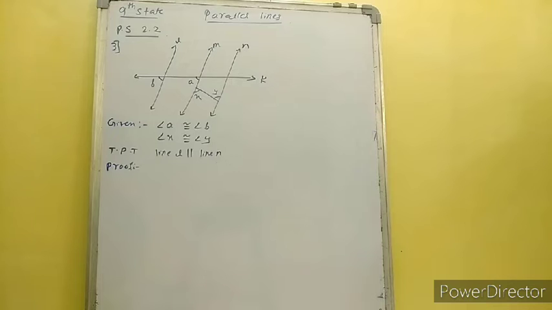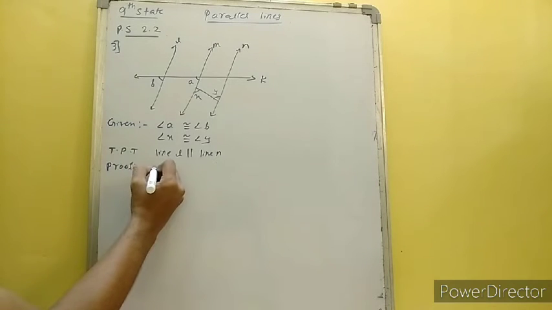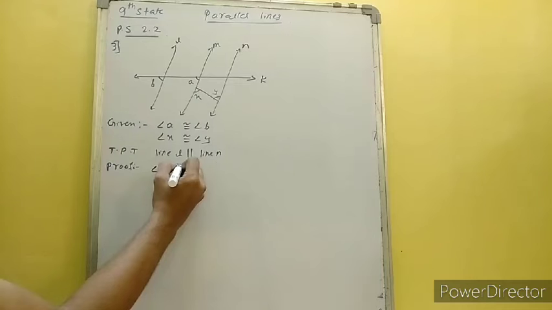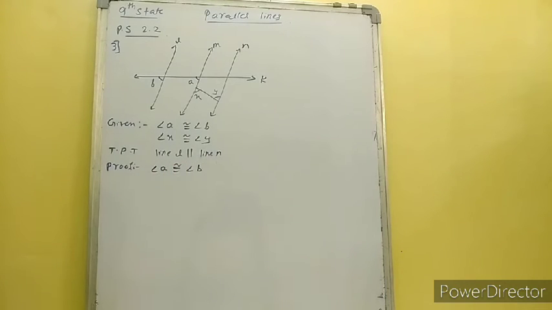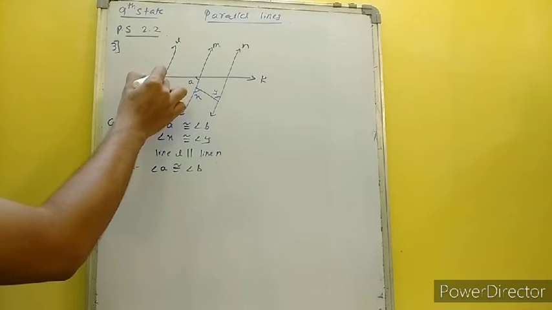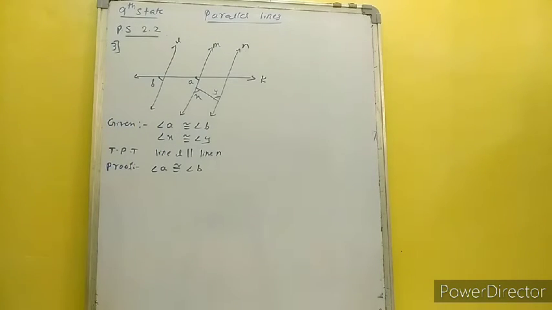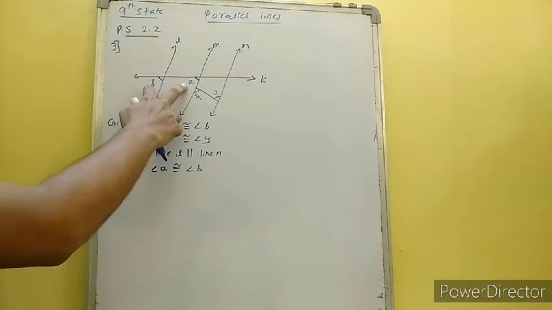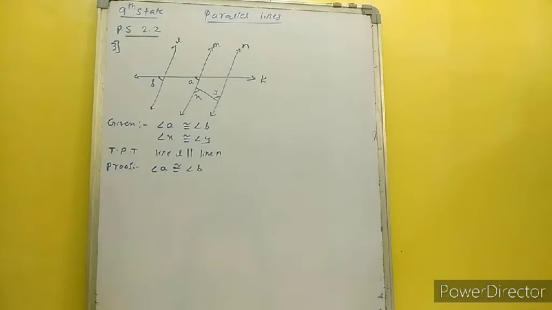We are given that angle A is congruent to angle B. Okay, angle A and angle B are, and if you observe it properly, this is above the line and B is also above the line. Okay, and if both the angles are above the line, then these two lines are parallel to each other.